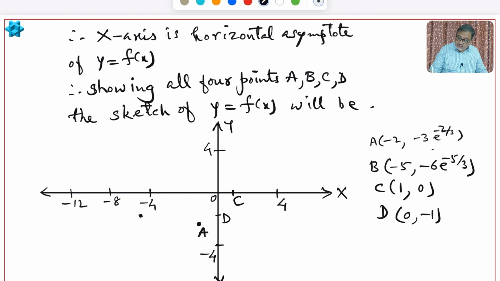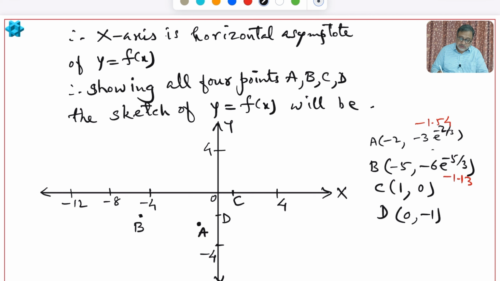I am writing their values, negative 1.54, and the second point is negative 6 into e raised to negative 5 divided by 3, negative 1.13. Yeah, so this B point is a little up, A point is down. So therefore this is the B point.